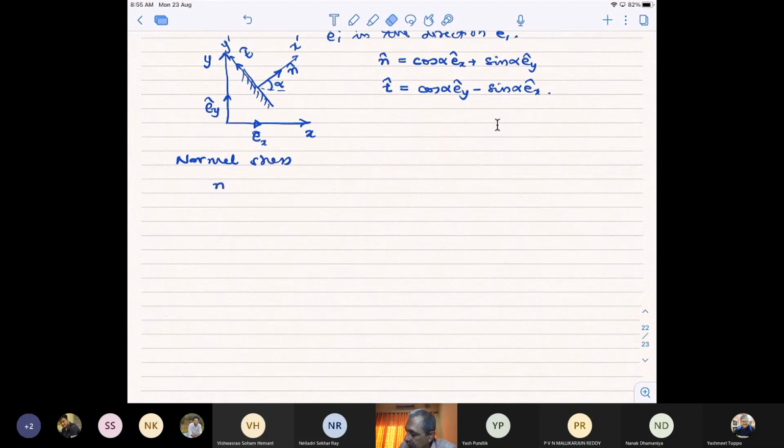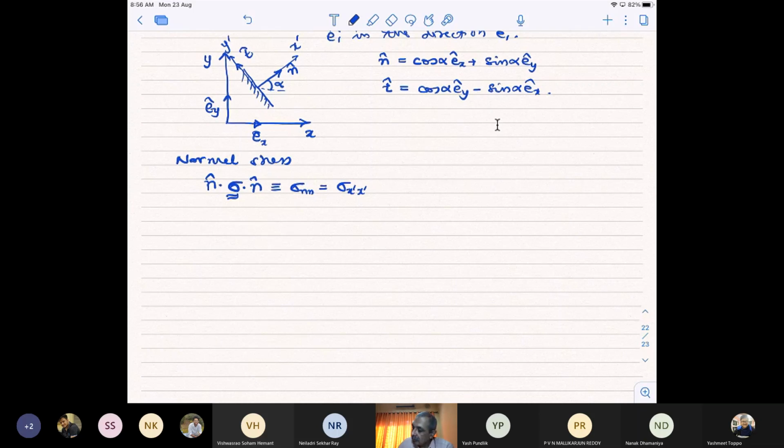We want to calculate the force on the surface, force per unit area on the vector n, so that's sigma dot n, and we want to take the component of the force in the direction n, so it's just n dot sigma dot n, which we can call either sigma nn, or here I'm going to call it sigma x prime x prime. Now what is that equal to?